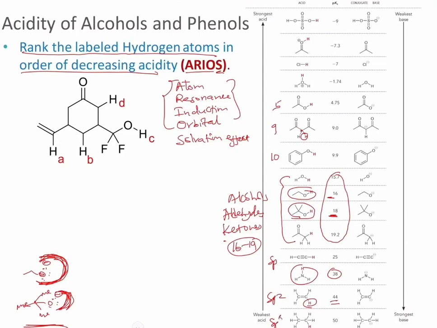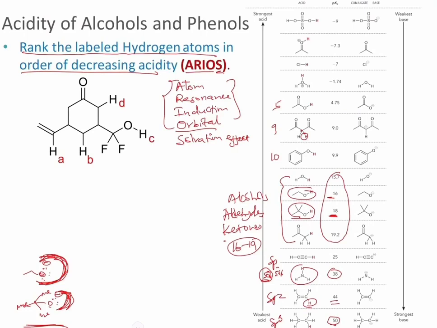The one for sp3 has a pKa of 50, which is of course due to the effect of the orbital, the s being closest to the nucleus. So the more the s character, like in this case 50% s character, 50% p character, it's much closer to the nucleus. The nucleus is positively charged, so the nucleus can help to stabilize the conjugate base. Okay?